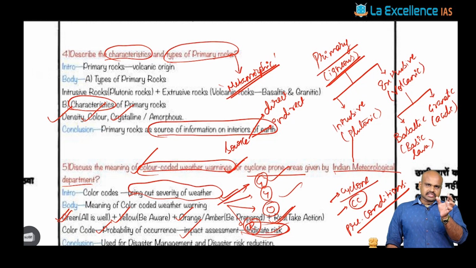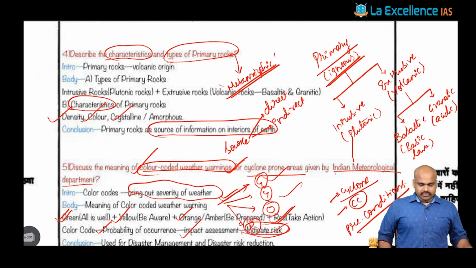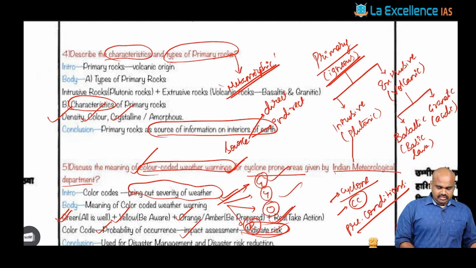And in disaster risk reduction, understanding the pre-disaster stage and early warning systems are very important aspects. So in that context, we can conclude this question with such an understanding, right?